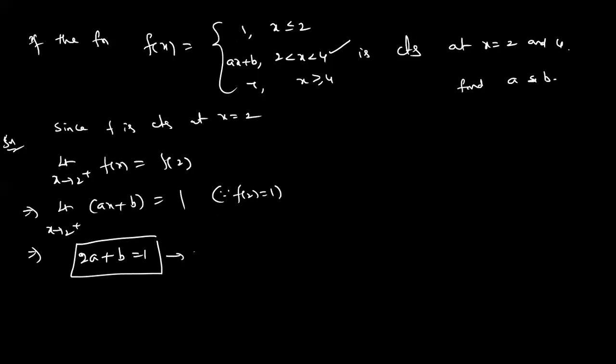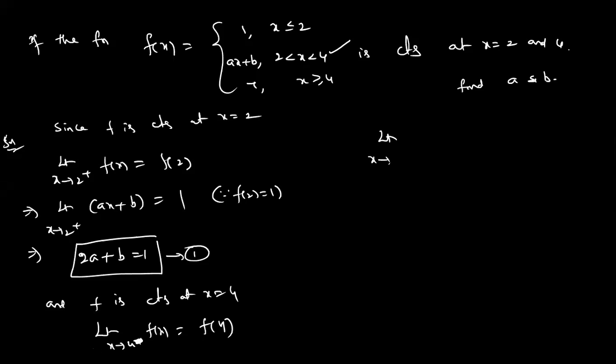This is equation 1. And f is continuous at x equal to 4 means what? The limit as x tends to 4 minus of f of x is equal to f of 4. That is the definition.